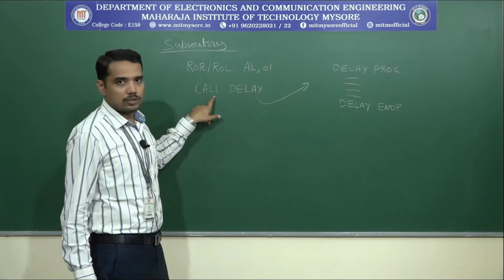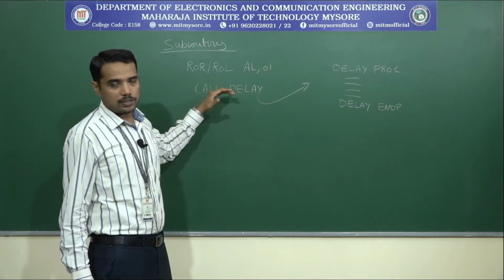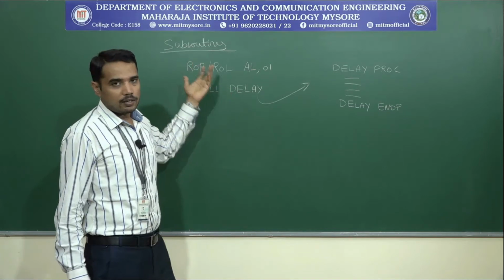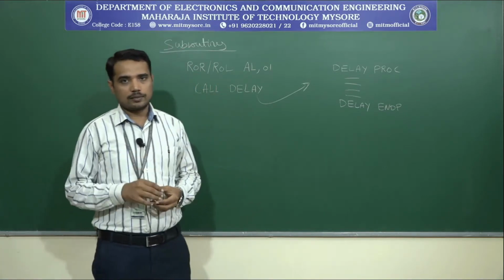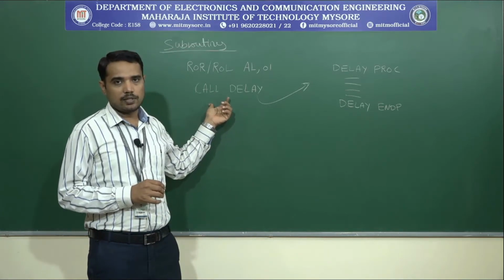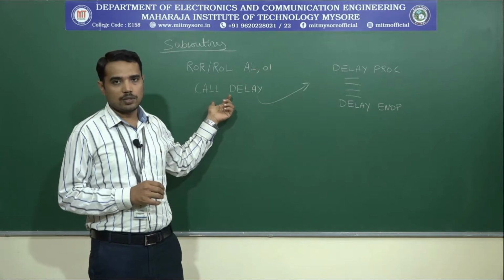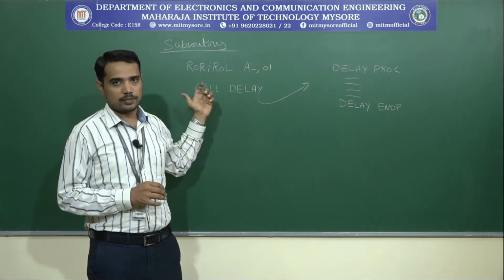In order to continue this program, we have to preload the number of steps, that is 200, in a separate register or in a counter. The counter will be decremented in each and every step. As soon as the counter reaches 0, the stepper motor will stop rotating.